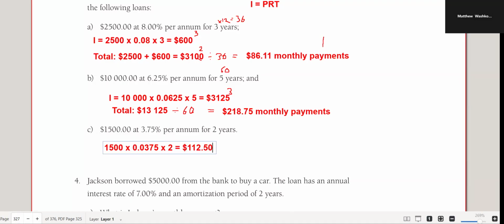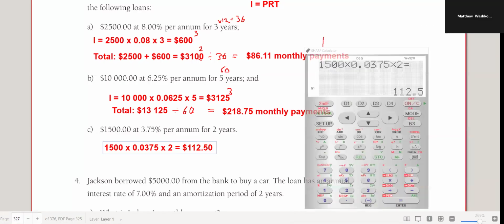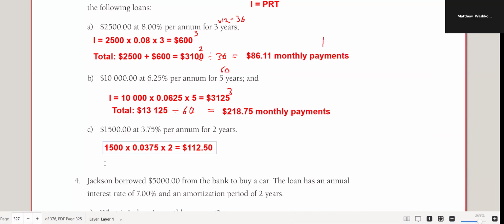Did I say 50? I think I said 50. Yeah. Cool. So that's my interest, which means my total would be $612.50.